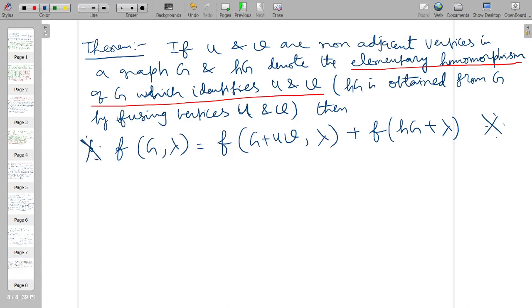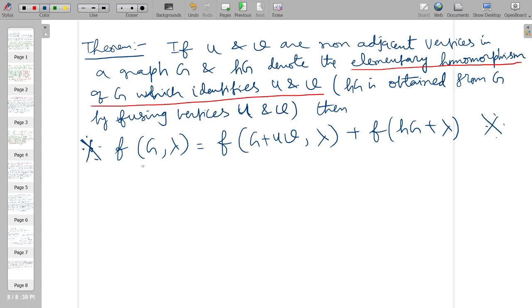So the chromatic polynomial of the graph G would be the chromatic polynomial of G plus UV, if you have two non-adjacent vertices U and V in G, along with the chromatic polynomial of the graph obtained by fusing the vertices U and V. You have to find the sum of these two to get the chromatic polynomial of the graph G, and continue this process till you reach certain standard graphs whose chromatic polynomial you know.